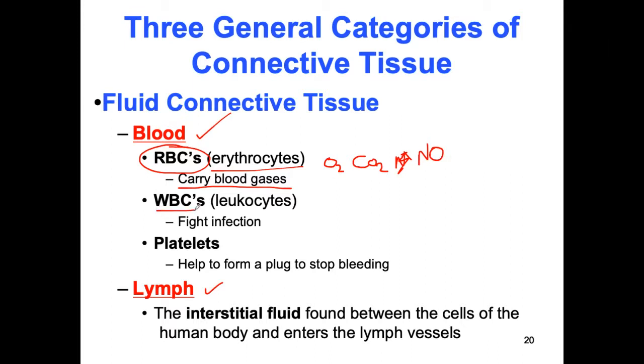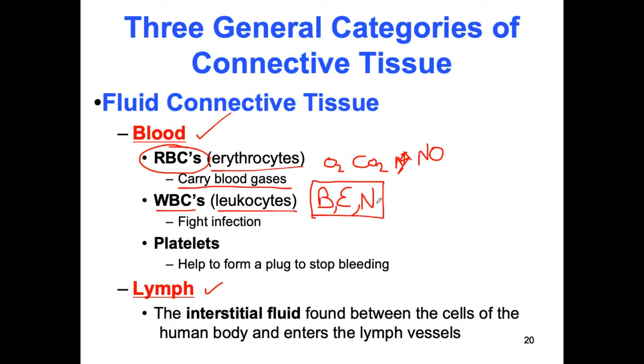The white blood cells, these are leukocytes. Leuko means white, erythro means red. So white blood cells, we have basophils, eosinophils, and neutrophils. You're going to talk about these blood cells in anatomy and physiology two when you get into the cardiovascular system. This is just laying down some framework.